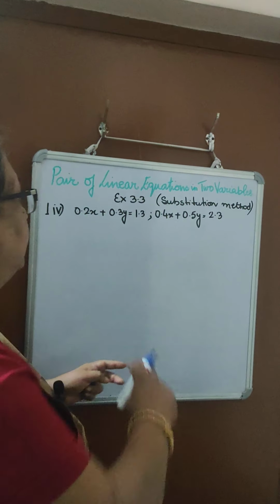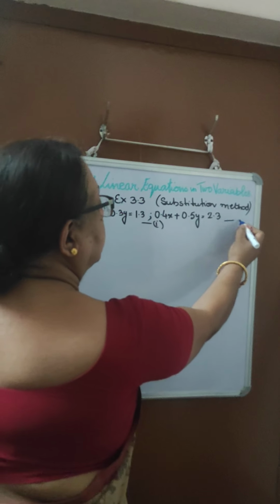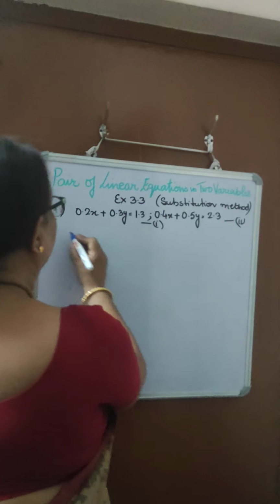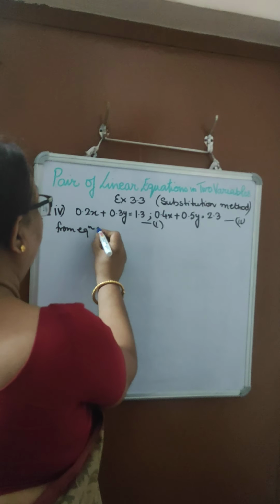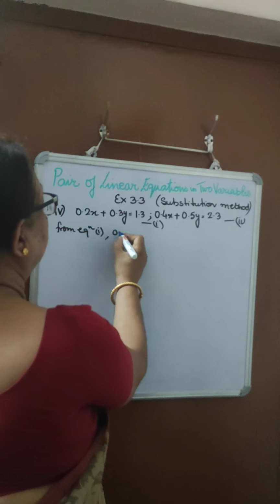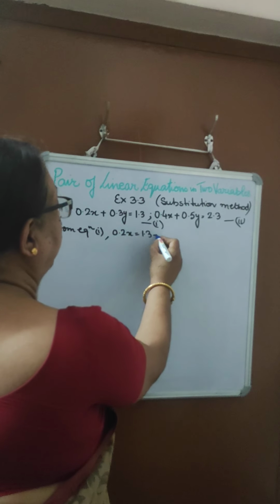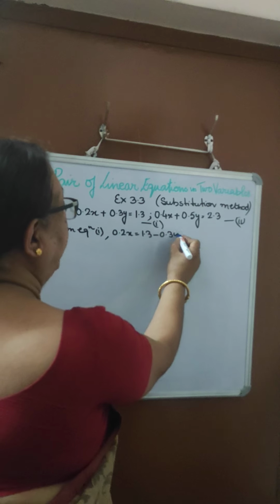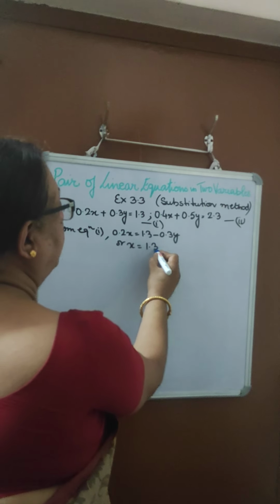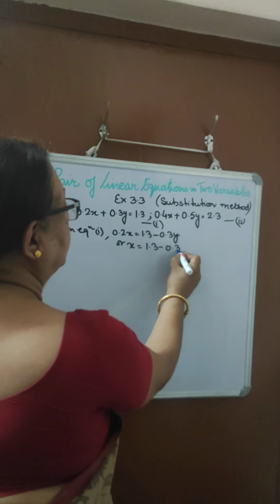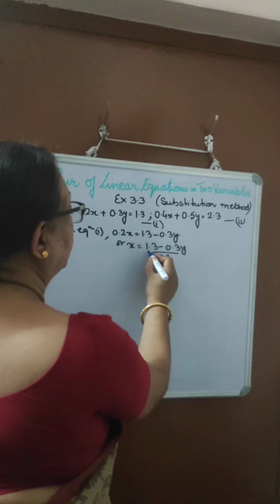Okay, let's see. Suppose this is equation number 1, this is equation number 2. So from equation 1, 0.2x is 1.3 minus 0.3y, or x will be equal to (1.3 minus 0.3y) by 0.2.